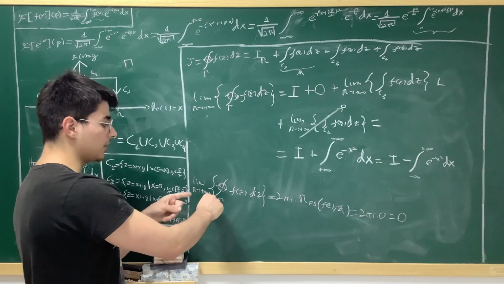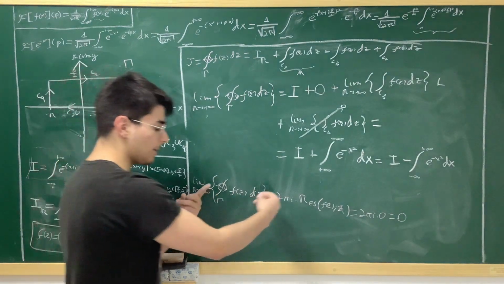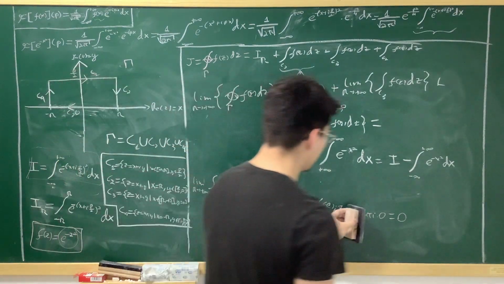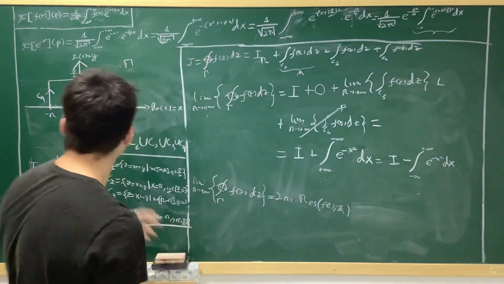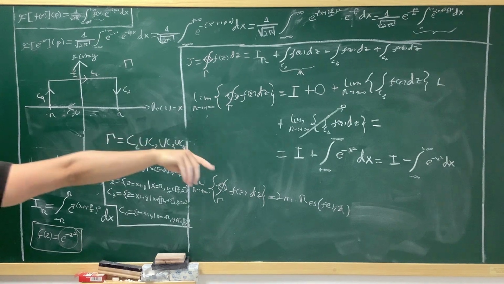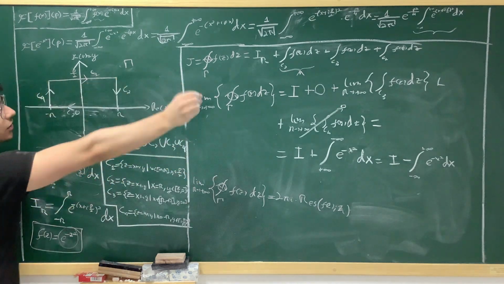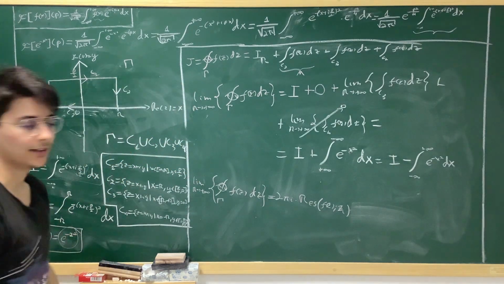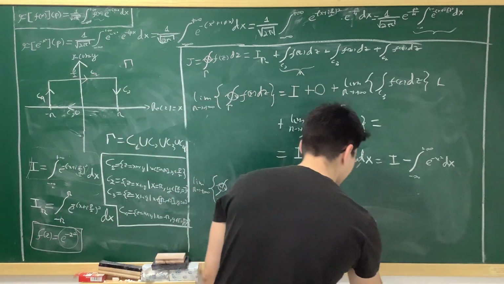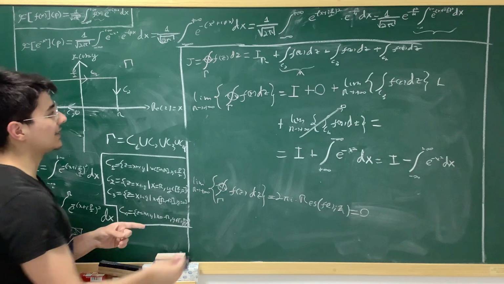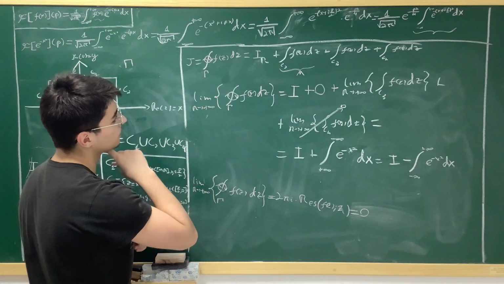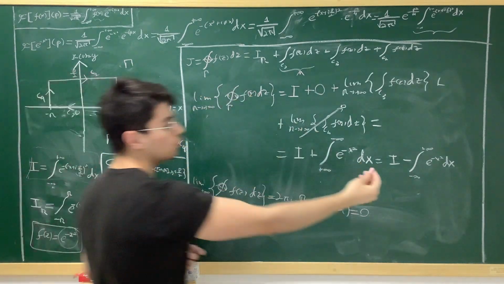But the limit when r goes to positive infinity of this integral, applying again Cauchy's residue theorem, we get that it is 0 again. Why? Because if we go from minus infinity to positive infinity, in all of this region, the function is still analytic. So again, this is 0.